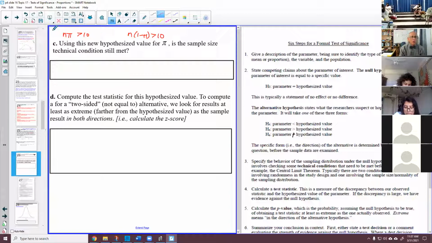Well, my n is 124, and my pi now is 0.67. 2/3 of 124 is definitely greater than 10. And 124 times 1 minus 0.67, which is 0.33, so 1/3 of 124, is also greater than 10. So I think my technical conditions are met. I think we're okay with that.